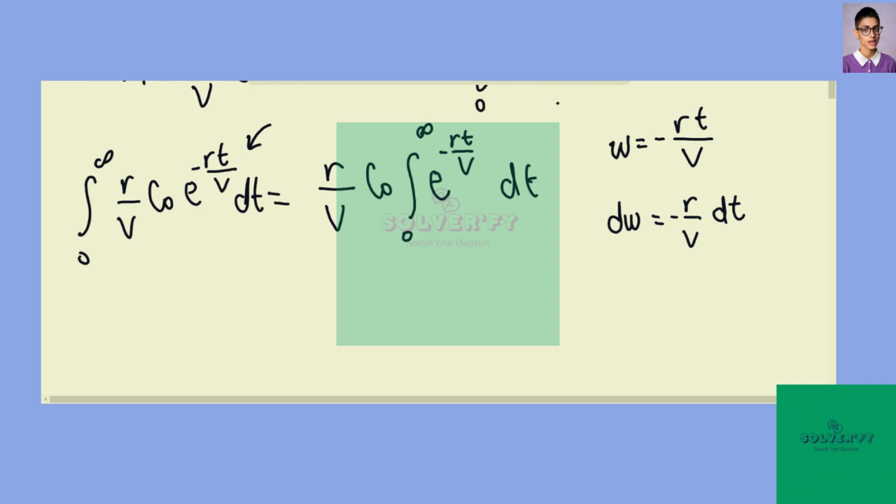So we can see from here that dt is minus V over r times dw.